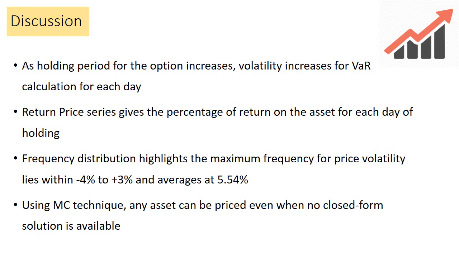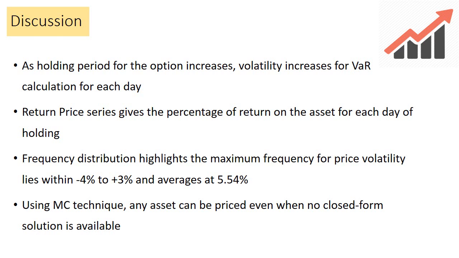Some of the major discussion points are that as the holding period of the option increases, volatility increases for the VAR calculation for each day. This is because if we have current volatility and intend to simulate the price for the option after one day, it will give a very accurate estimation. As we use the same volatility rate for the next 30 days, accuracy tends to fall.